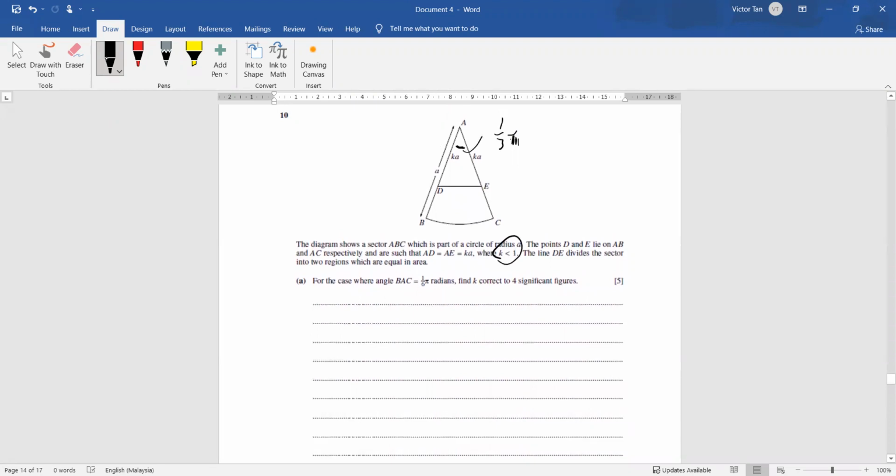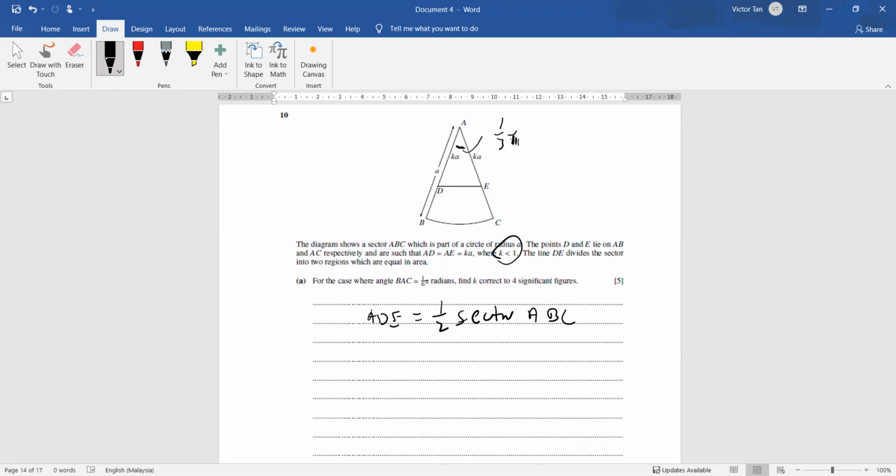So they say they divide the sector into two regions which are equal. So triangle ADE will be half the area of sector ABC.